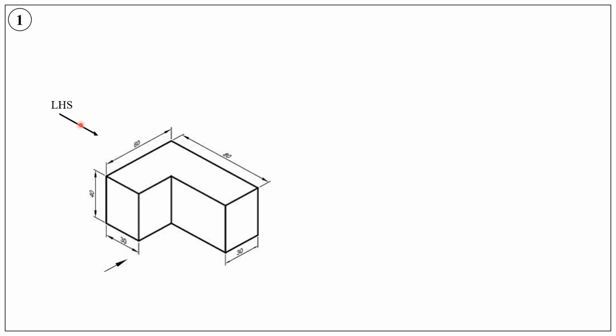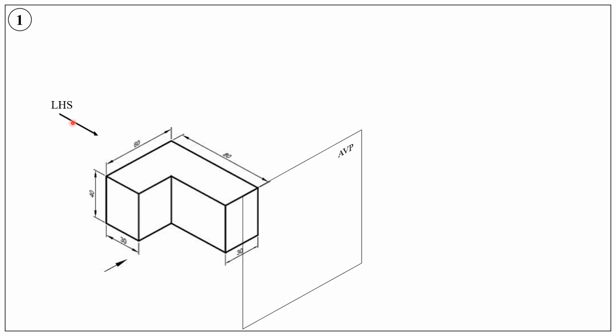Therefore, we imagine there is a plane present on the right hand side of the object like this. So this plane is auxiliary vertical plane, or sometimes it is called a picture plane. Onto this auxiliary vertical plane, we are going to project the left hand side view.